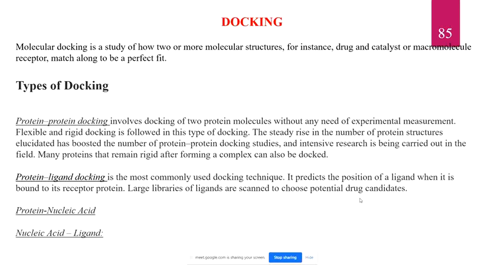Now, the general problem in protein ligand docking is that the ligand is actually not an organic molecule, right? So the problem is, while you develop a force field that caters to organic molecules like protein, nucleic acid and all, you also have to add another force field that caters to the inorganic molecule like a ligand.